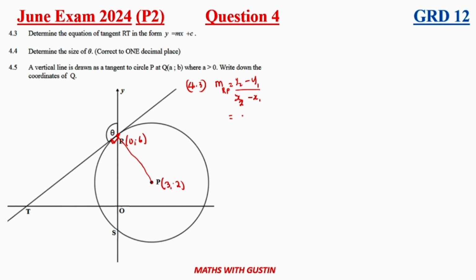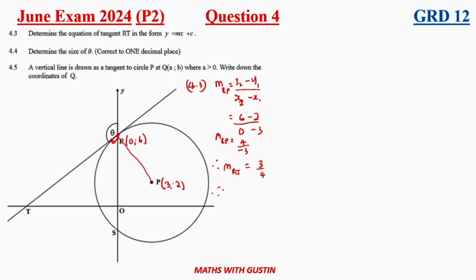It is going to be (6 minus 2) over (0 minus 3). Therefore, our answer for the gradient of RP is equal to 4 over negative 3. So the perpendicular gradient of that is just the reciprocal of that, which is the gradient of RT, given by 3 over 4.